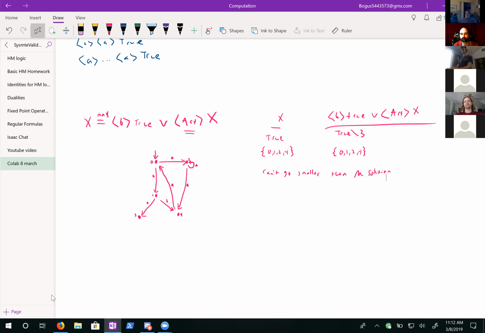Yeah, well, they're dual through something like negation, which is basically just set complementation. Right, because adding an element to a set and then looking at the complement is just like excluding that element from the set. Yeah, that makes sense. Okay, thanks.